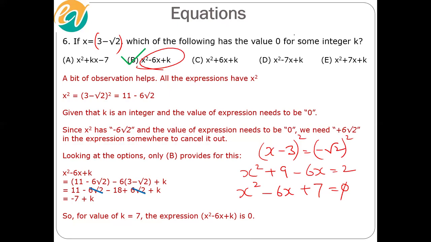This is a very brilliant solution as well. Even if this way does not occur to you in the exam, merely some bit of observation helps. Very nice, Chatrika. So if you compare these, clearly k is equal to 7.